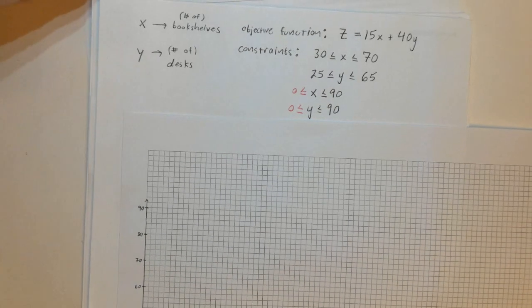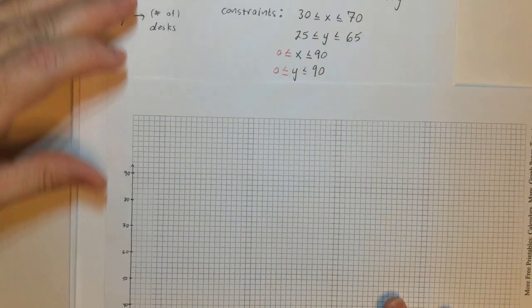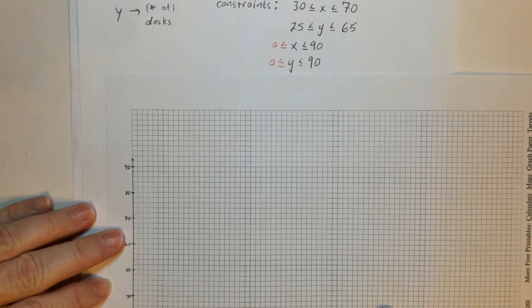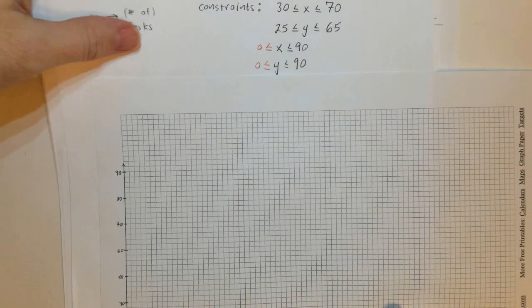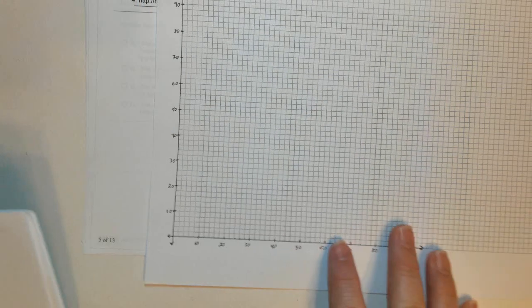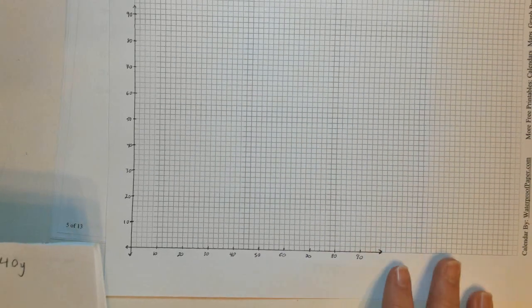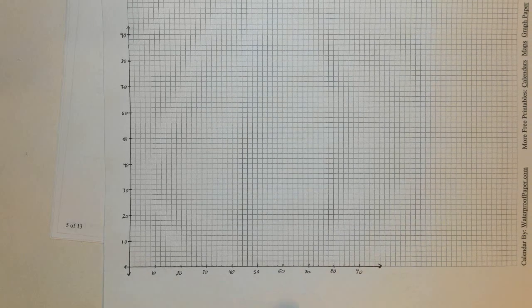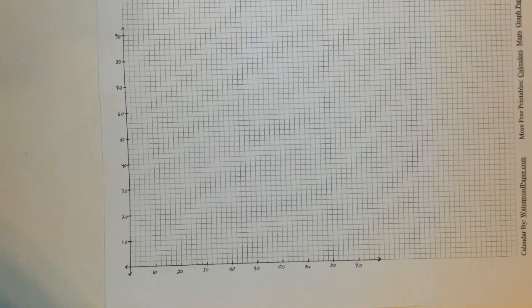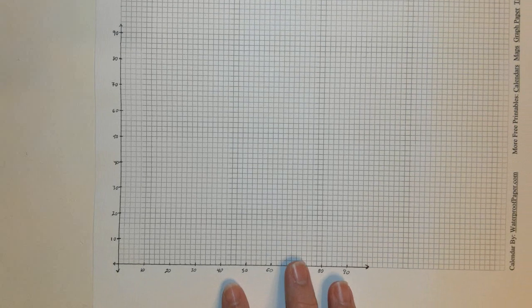All right, I found this online. I printed it off. Even though you're not going to have graph paper for the test, I wanted to use it for the demonstration.